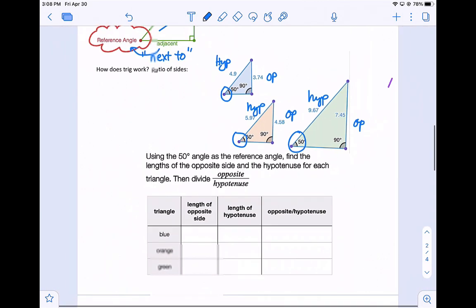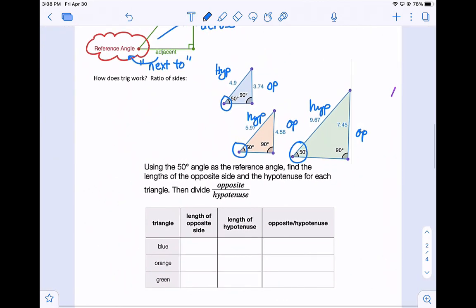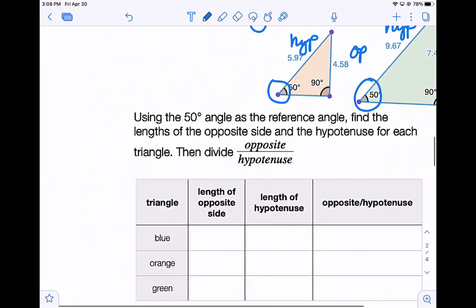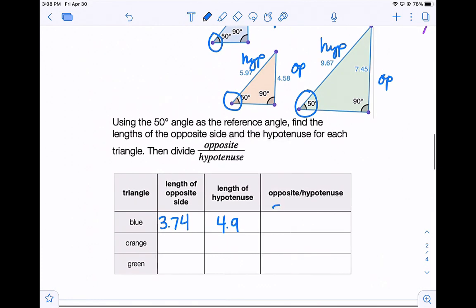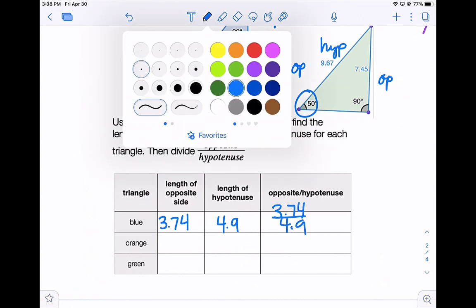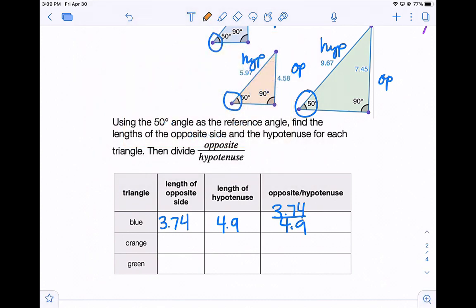We're just going to fill in this table on Desmos, so you'll be able to type them in. In the blue triangle, the opposite side is 3.74 and the hypotenuse is 4.9. We'll divide 3.74 by 4.9. We'll do the same thing for the orange triangle. The opposite side is 4.58 and the hypotenuse is 5.97.